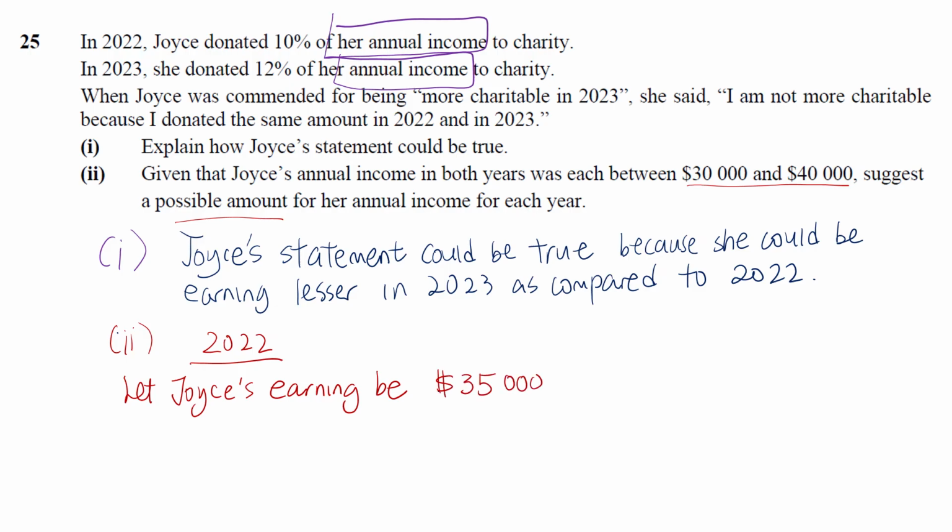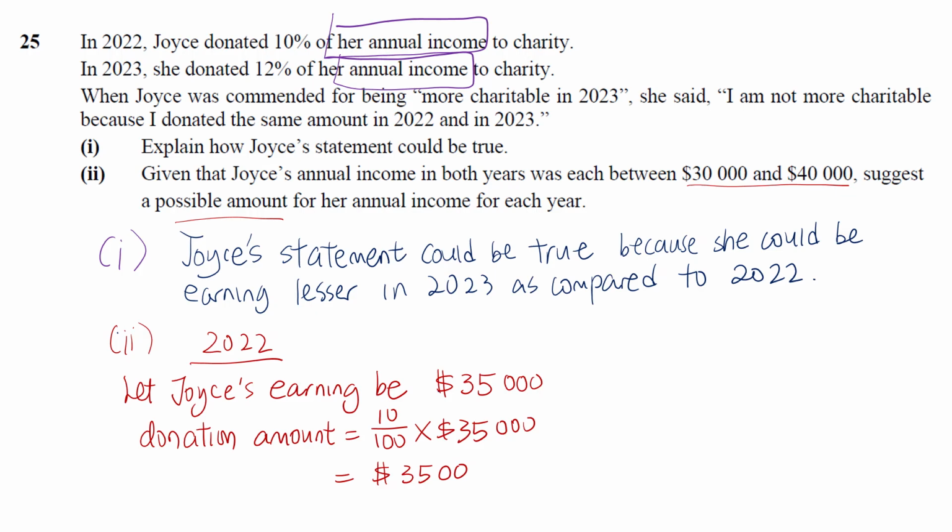So she donated 10%, so the donation amount will be 10 over 100 times 35,000, which is $3,500.